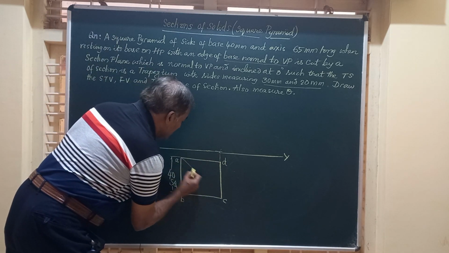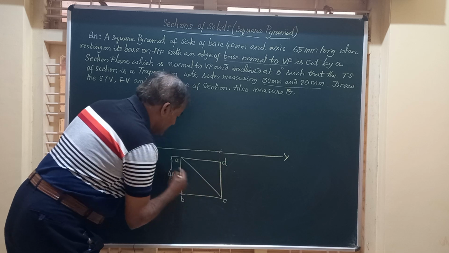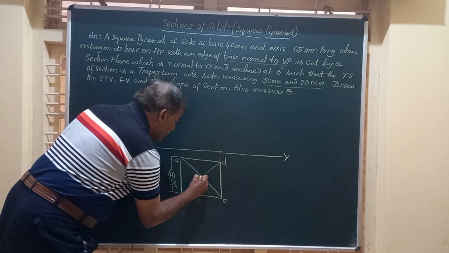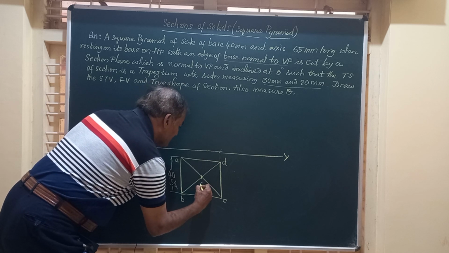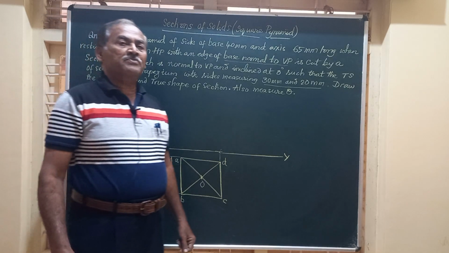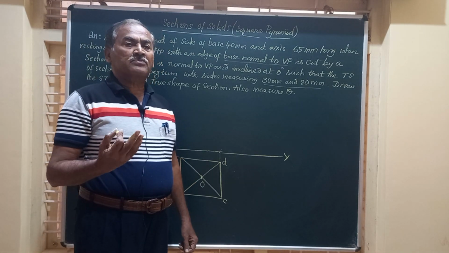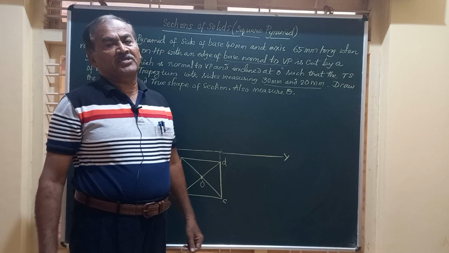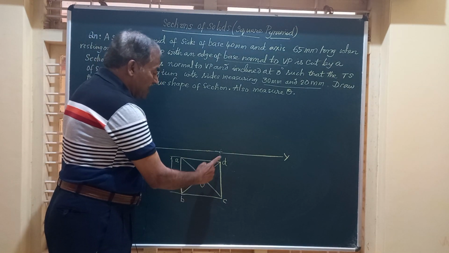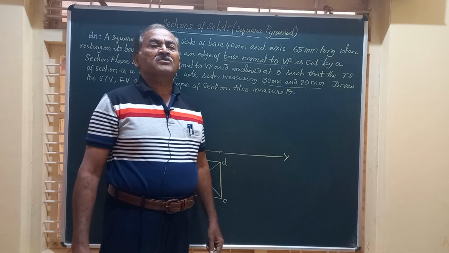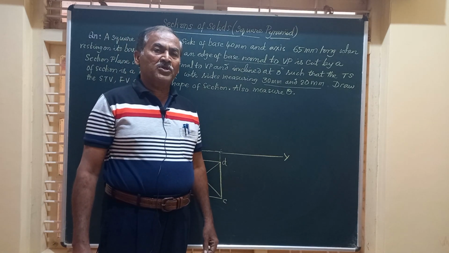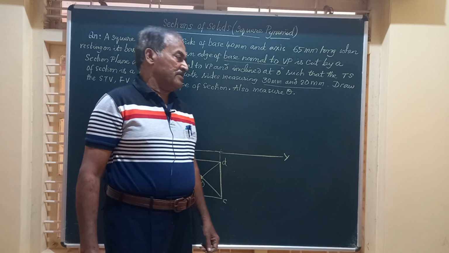We will join these diagonals AC and BD, and they meet at O, which is the vertex of the solid. So this is how a square pyramid is seen when it is placed on HP on its base. So OA, OB, OC and OD represent the top views of the four slant edges.